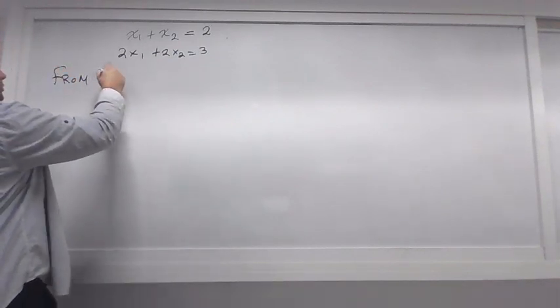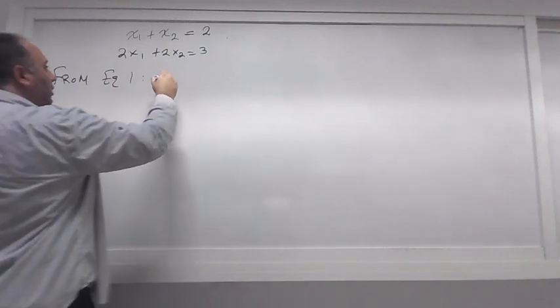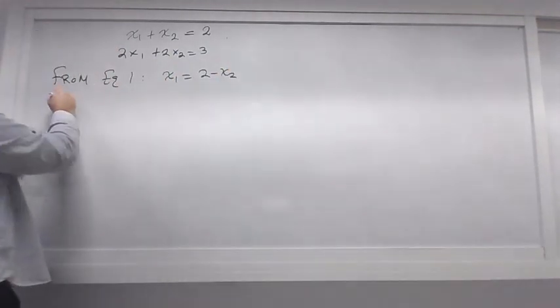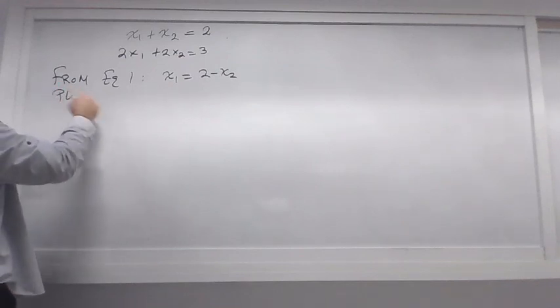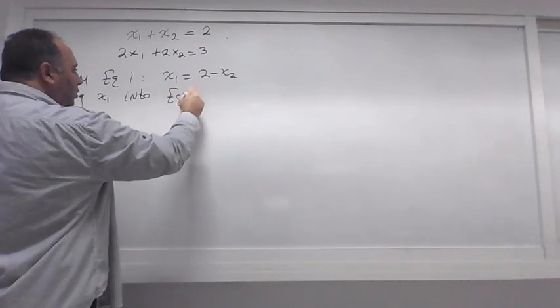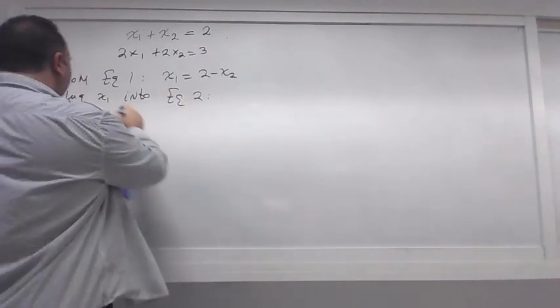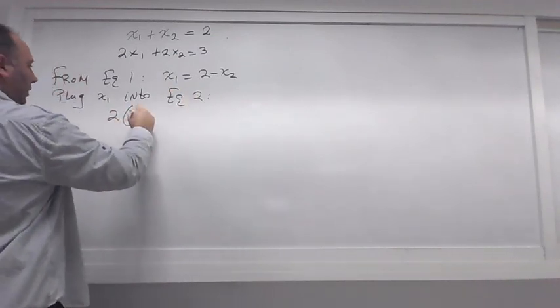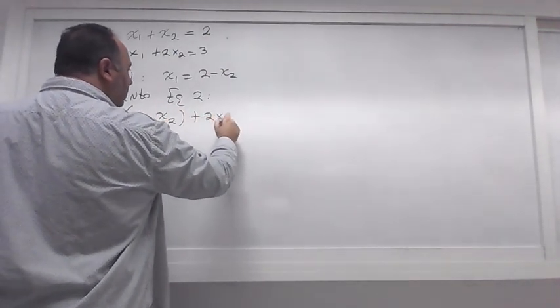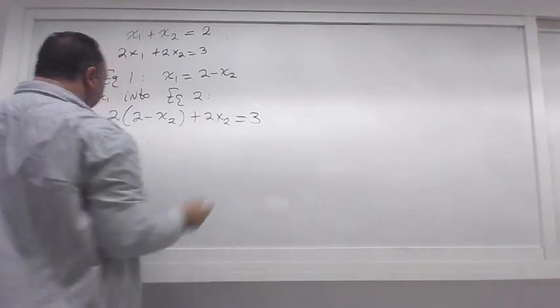So from equation 1, x1 is equal to 2 minus x2. So plug x1 into equation 2. How does that look? Well, it's 2 times x1. Well, x1 is this, plus 2x2 equal 3. Okay, fine.